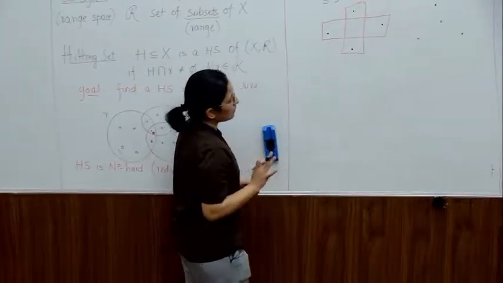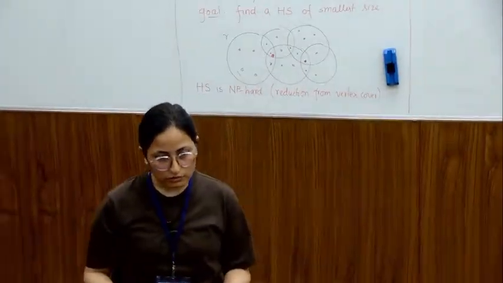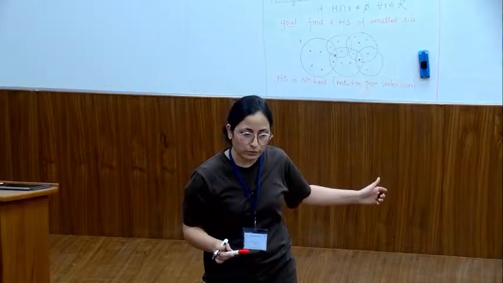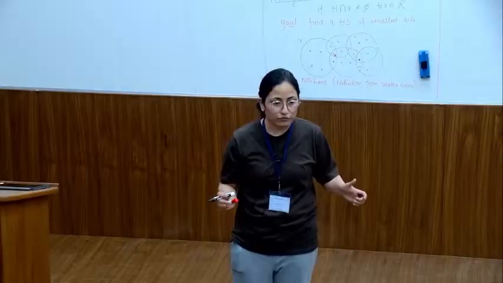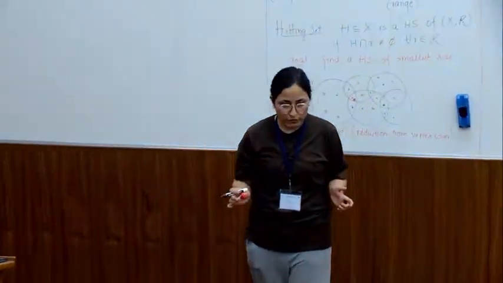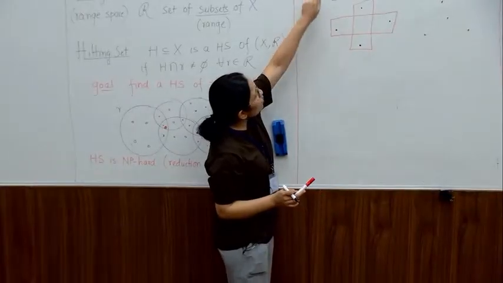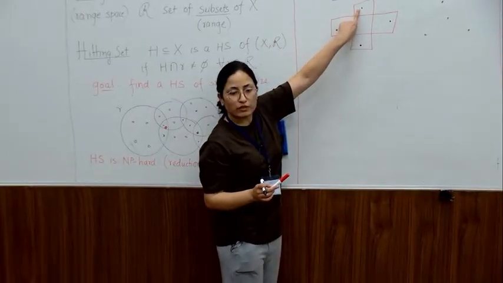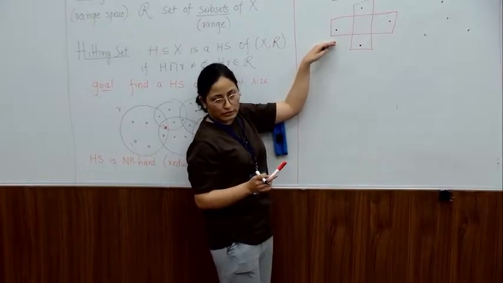So consider this case. Here I am trying to prove by contradiction. Suppose this set can be shattered by squares, the entire range space of squares. Which means that, going by the definition, there is a square which will just give me these 2 points. It won't intersect the remaining 2. And also we have a square like this.